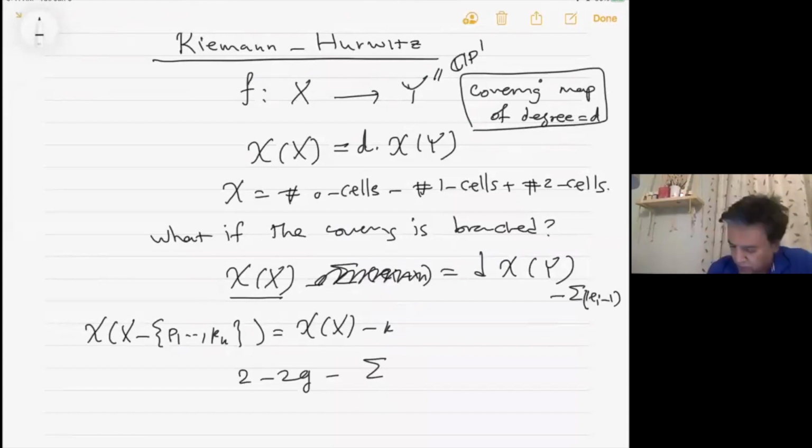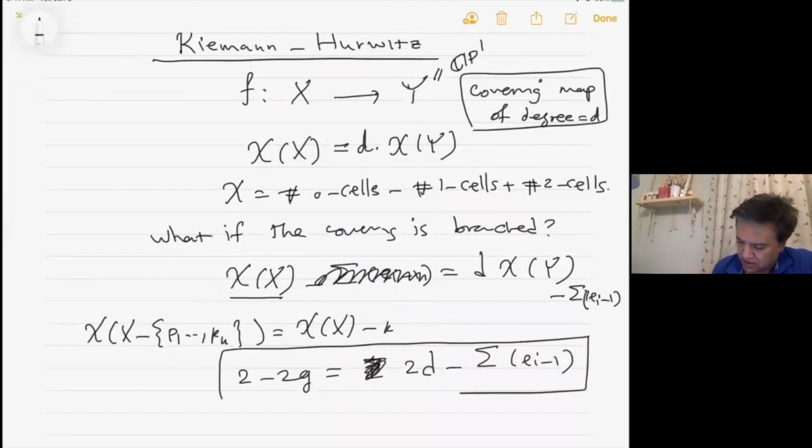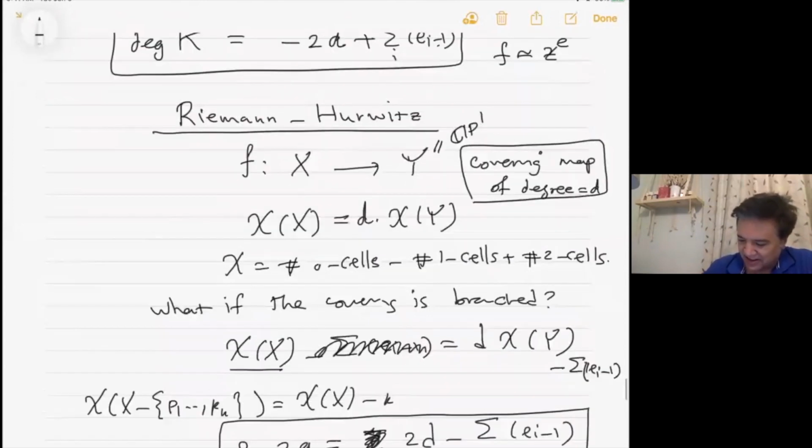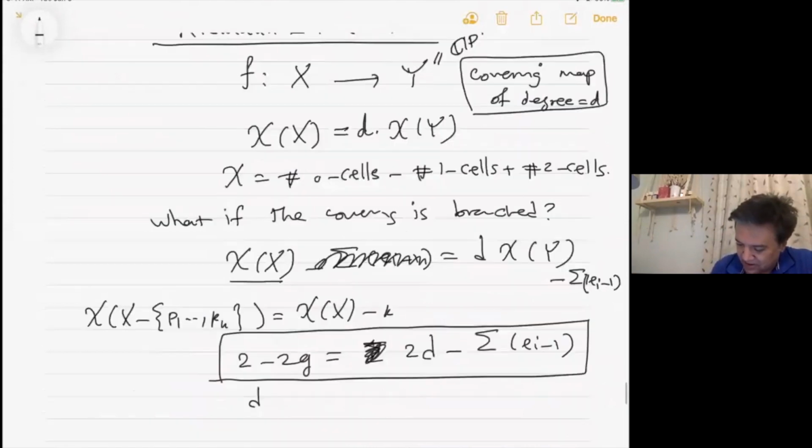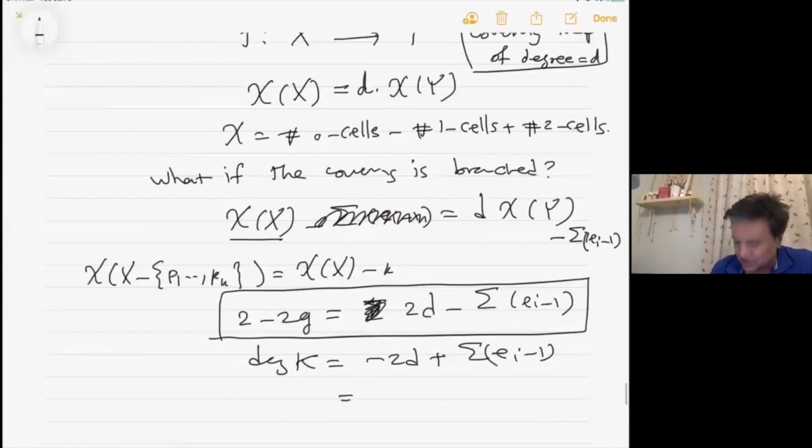So 2 minus 2g. The Euler characteristic of the sphere is 2. It's 2d minus sigma (e_P minus 1). If you come back here, the degree of K was negative 2d plus sigma (e_P minus 1), and you see that the degree of K of this number is 2g minus 2.